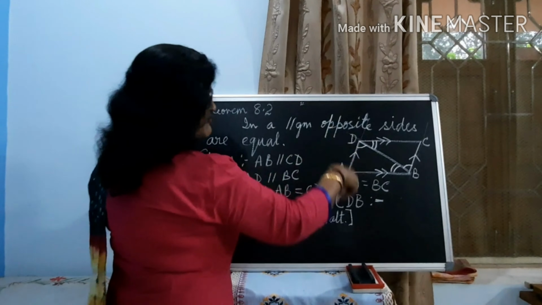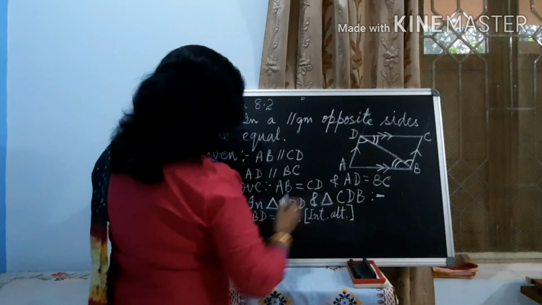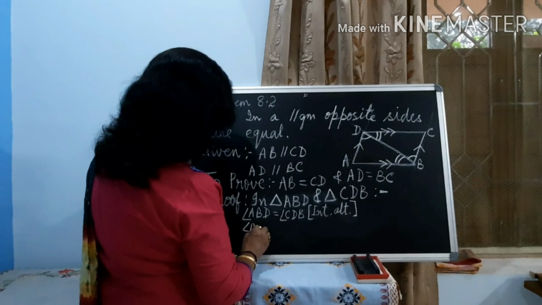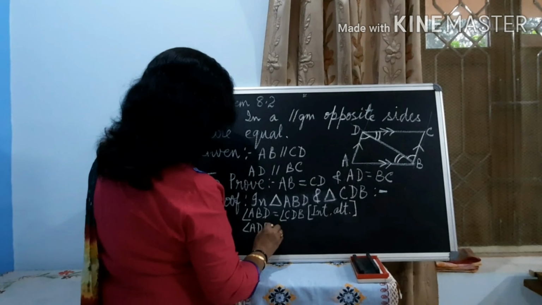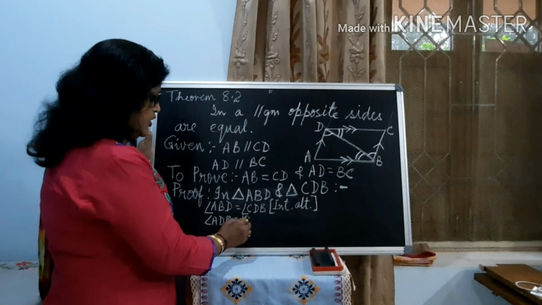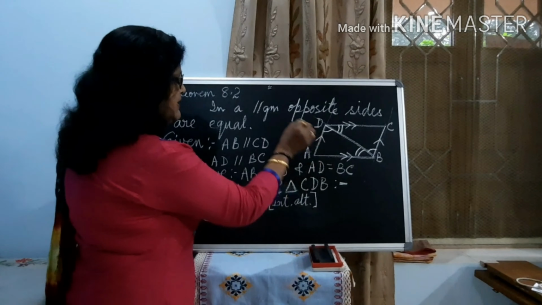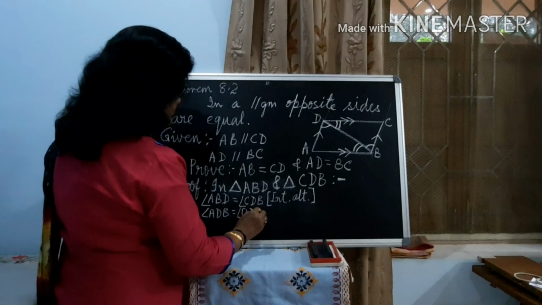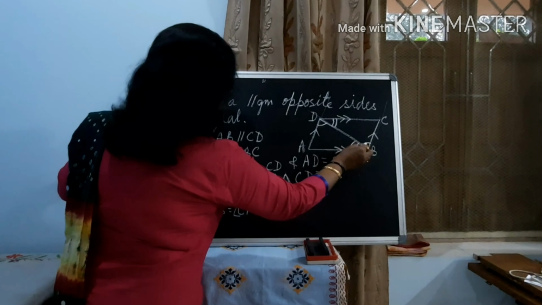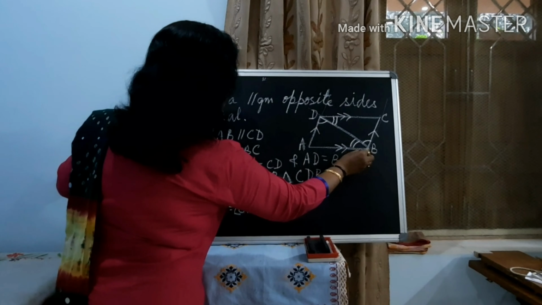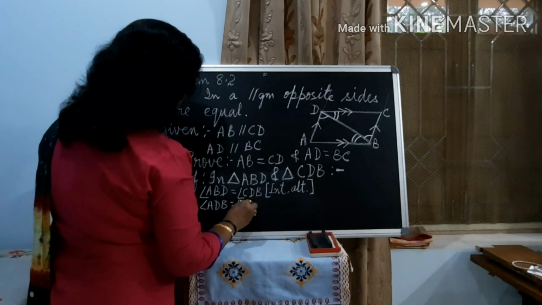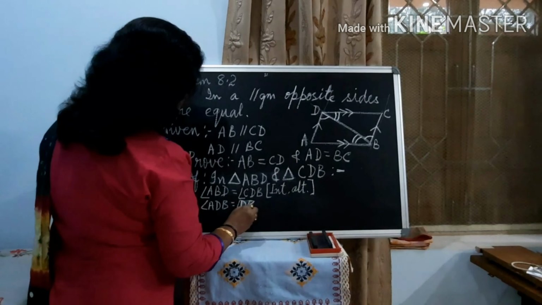Similarly, the slanting lines, if I take, we get angle ADB is equal to angle DBC.